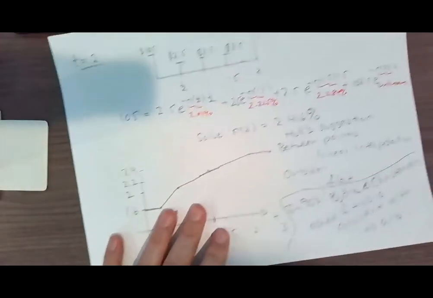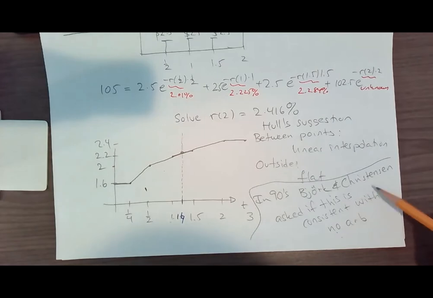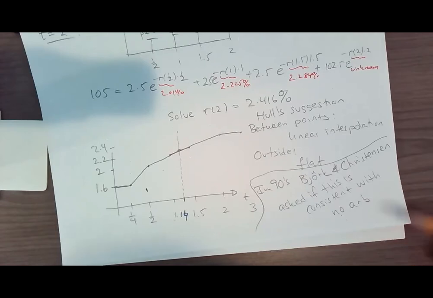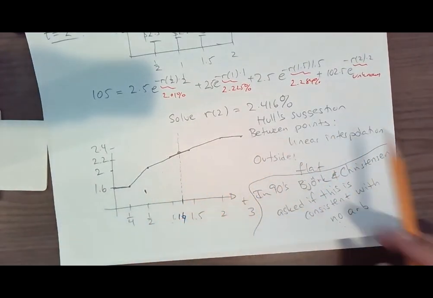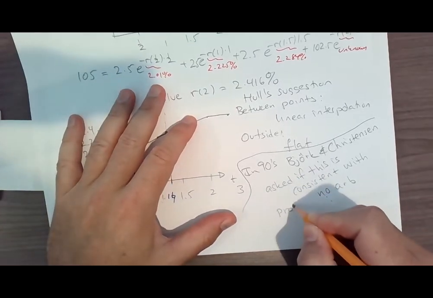So this book here is much newer than this research from the 90s. So Thomas Björk and Bent Christensen asked this question: can you just do this stuff? And what about no arbitrage? We have talked about no arbitrage. You should probably make sure that this is consistent with no arbitrage. And this here is problematic.